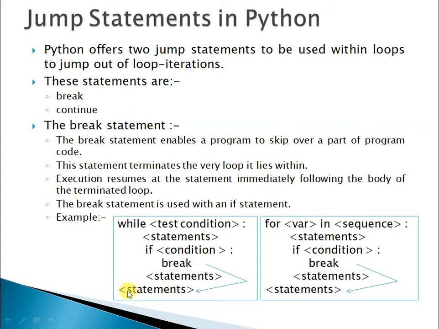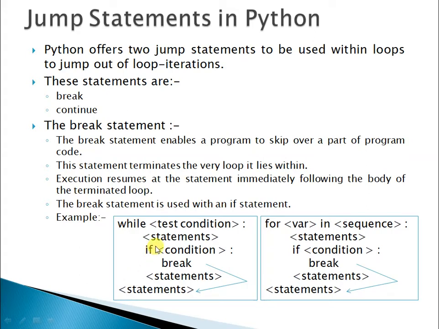Please note that the statements indented after while are the statements of the while body. These are the statements inside the while body. This statement is not a part of while because it has the same indentation level as the while, so it will not be part of the while.